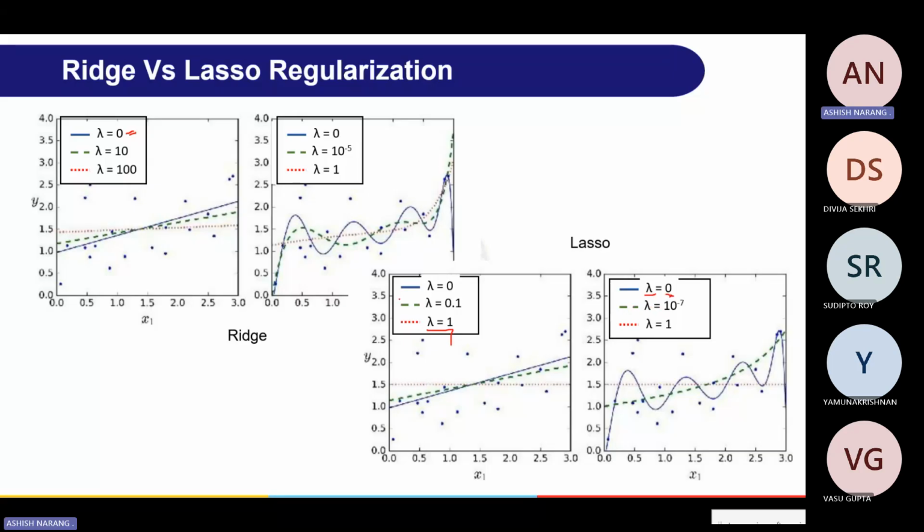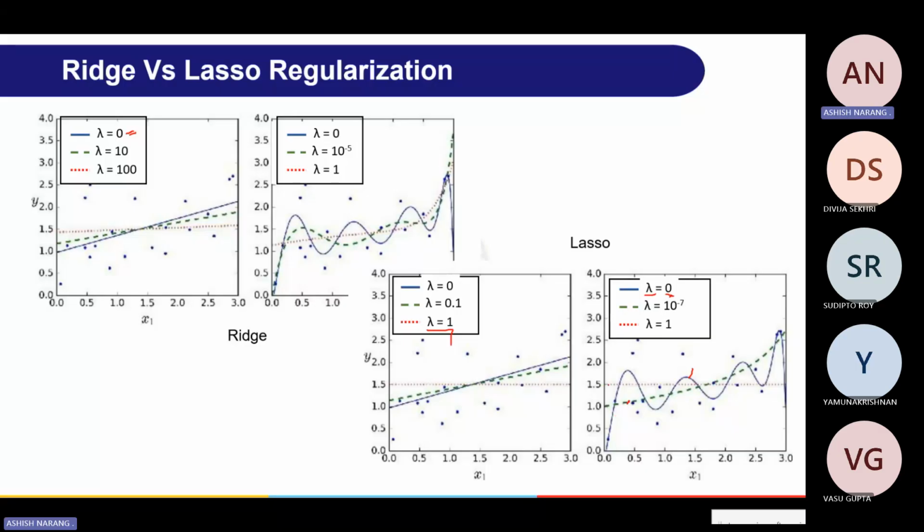So this is ridge, this is lasso. So this is the exact model. When you have put this, you see with the lasso, there's still a curve going on. It was this much of a curve, but now you see this curve going on.